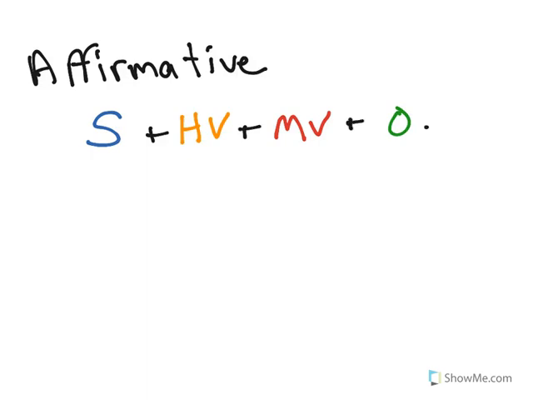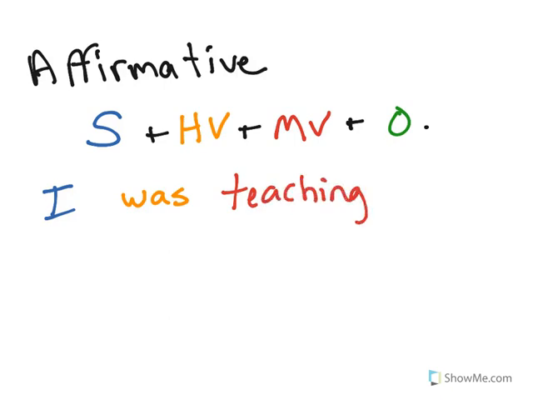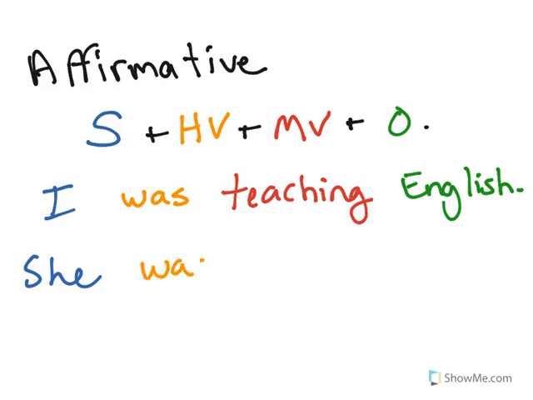Okay, so a couple of examples. For example, I might say I, and my helping verb, the helping verb here is going to be was. I was teaching English. If I use the subject she, I would also use the helping verb was.